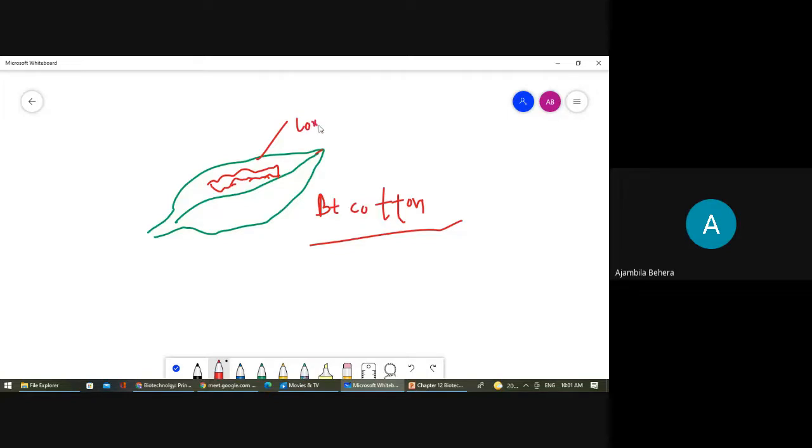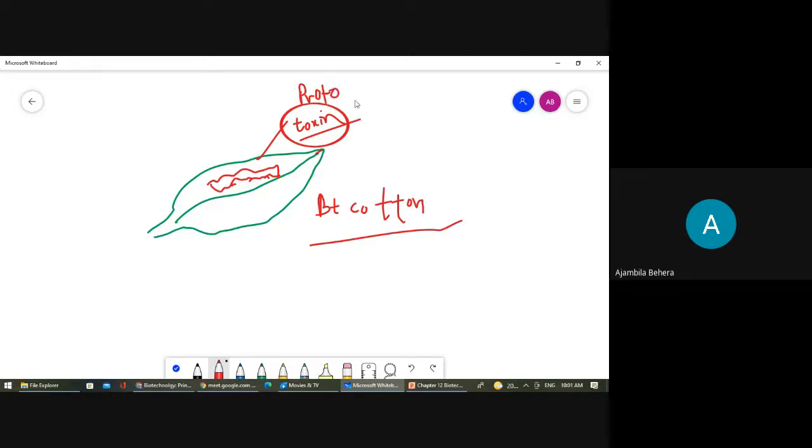As this BT cotton plant has that particular gene, that gene is expressed and it can produce that toxin. And this toxin is actually not the active toxin, it is the prototoxin, an inactive toxin.